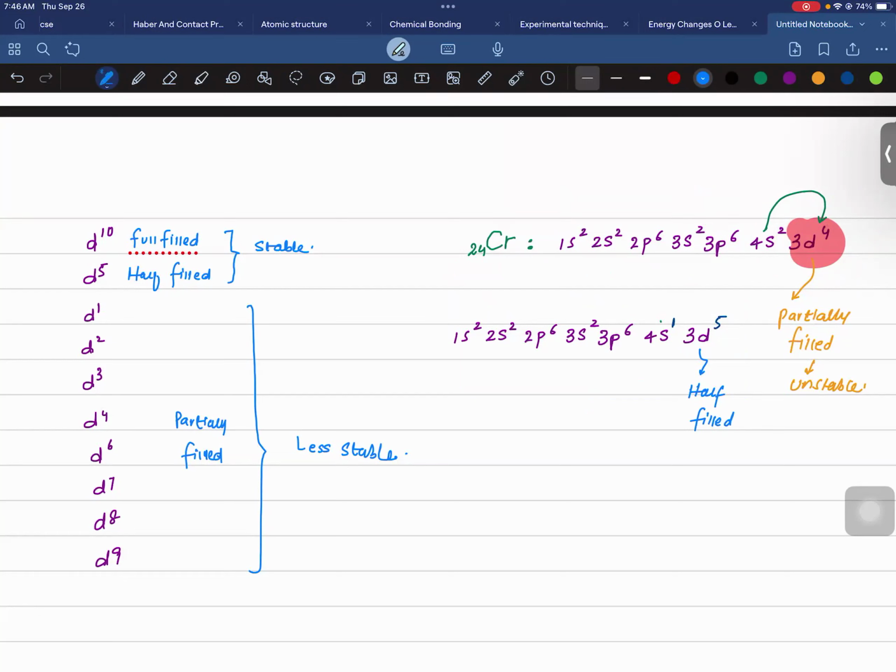This is partially filled, which means it is unstable. After giving one electron to the 3d, 4s also has only one electron, which is also a half filled condition. Those subshells which are half filled or fully filled are more stable. So if the examiner asks for the electronic configuration of chromium, you are not supposed to write the earlier configuration, but you are supposed to write this one, and this is important to know.